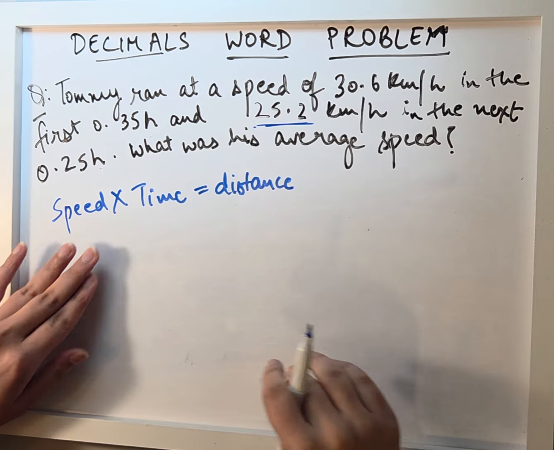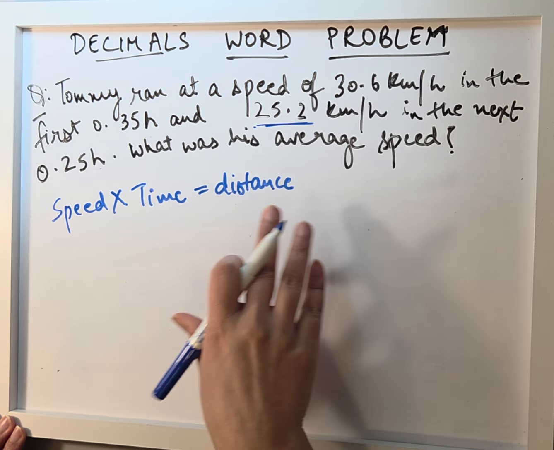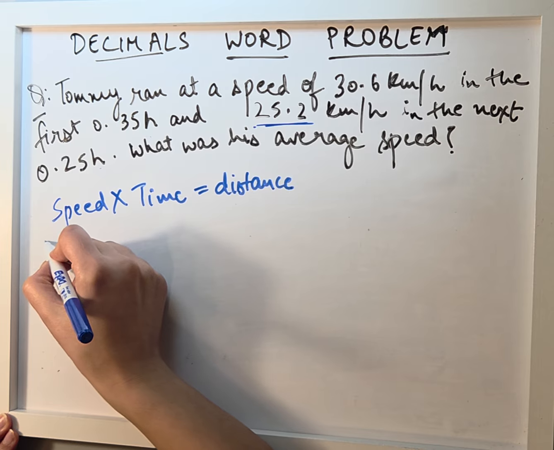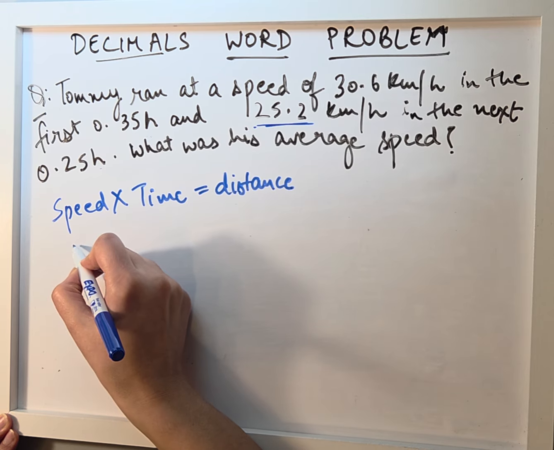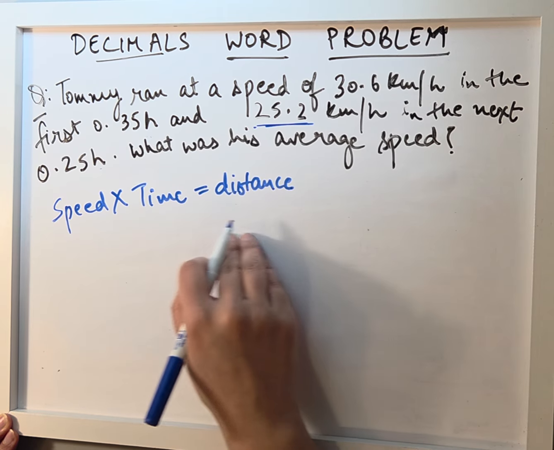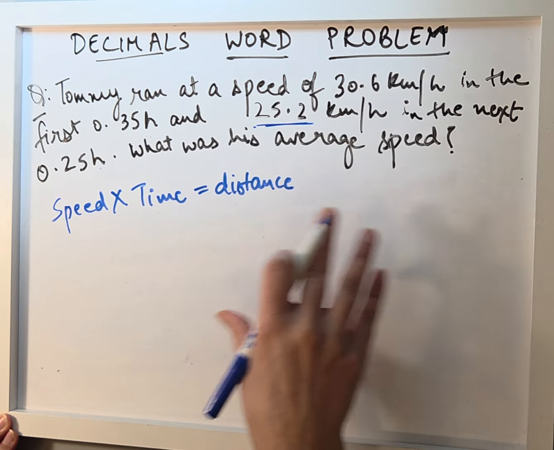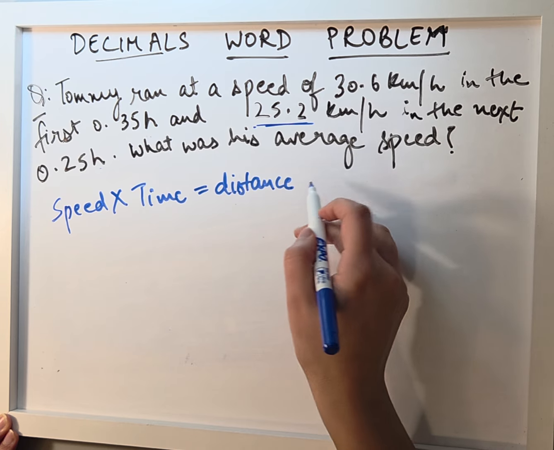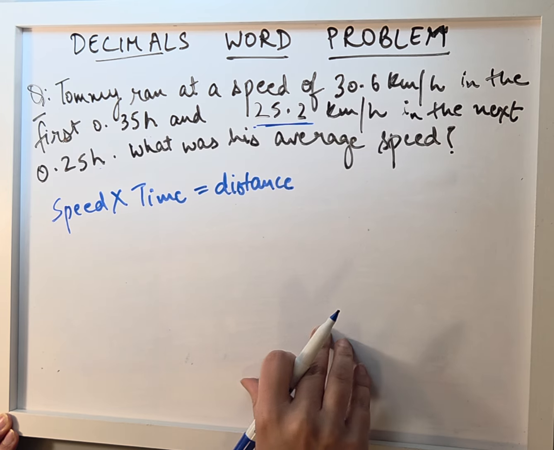Here we have speed. For the first 0.35 hours, we have some speed, and for the next, we have a different speed. So in that time, he will cover different distances.